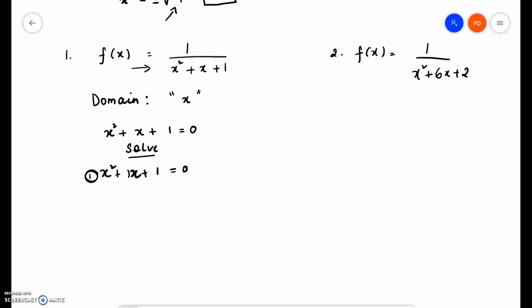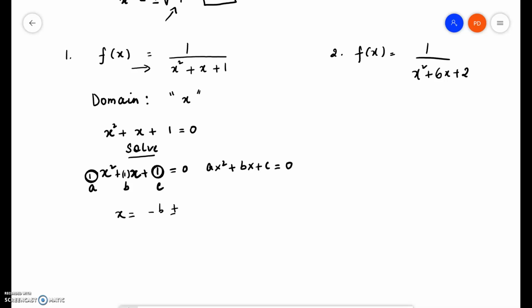So 1 times x squared, 1 times x plus 1. So a is 1, b is 1, and c is 1. So we are comparing this to the standard form ax squared plus bx plus c equal to 0. Now we plug these numbers into the quadratic formula.